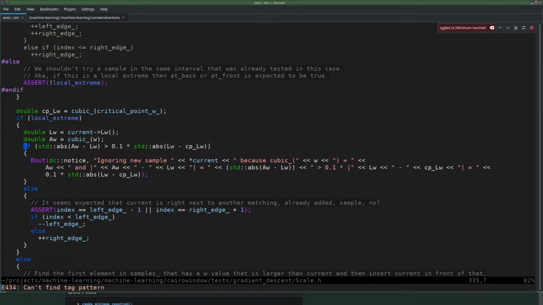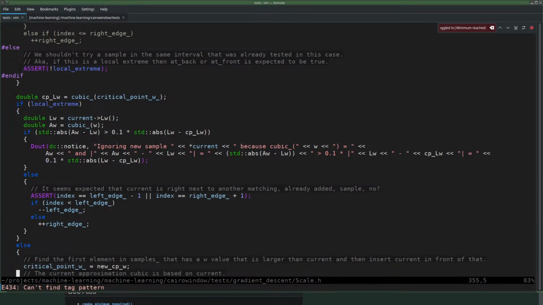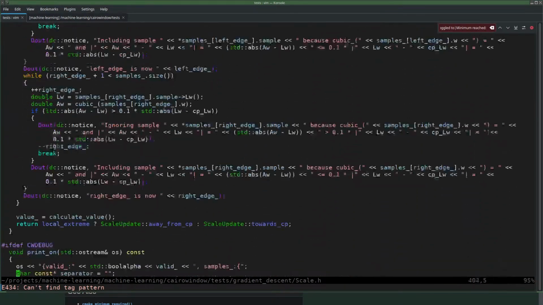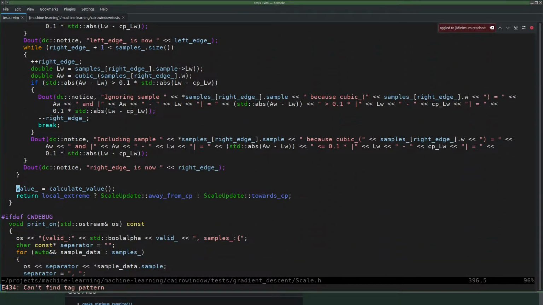No, we don't have a fit, I think. Wait a minute, where did I jump to? -12, oh, then we do have a fit. Do we get here? Whatever. Left index, okay, it's included. Now we still have to call calculate the value. It's not done. Now value is calculate value. So local extreme, yes. Away from CP, everything is correct.